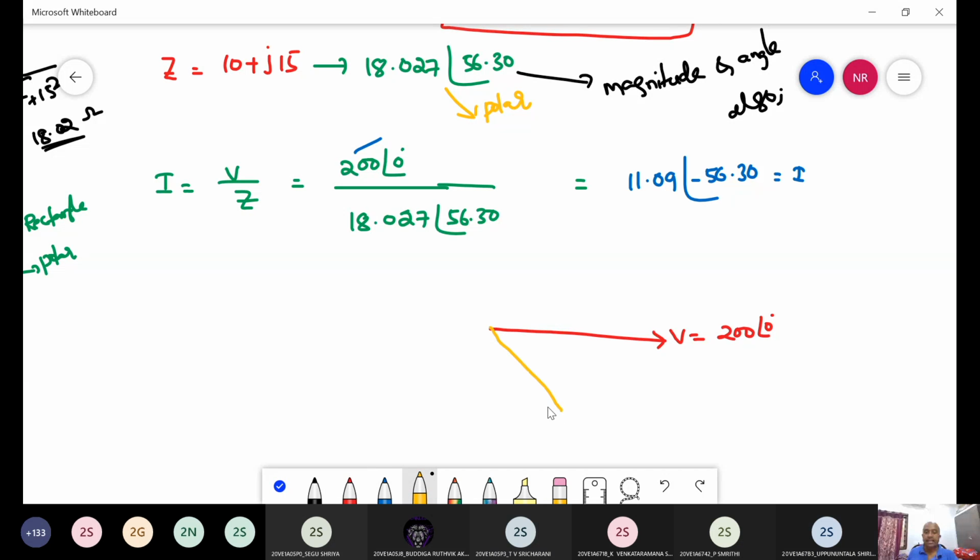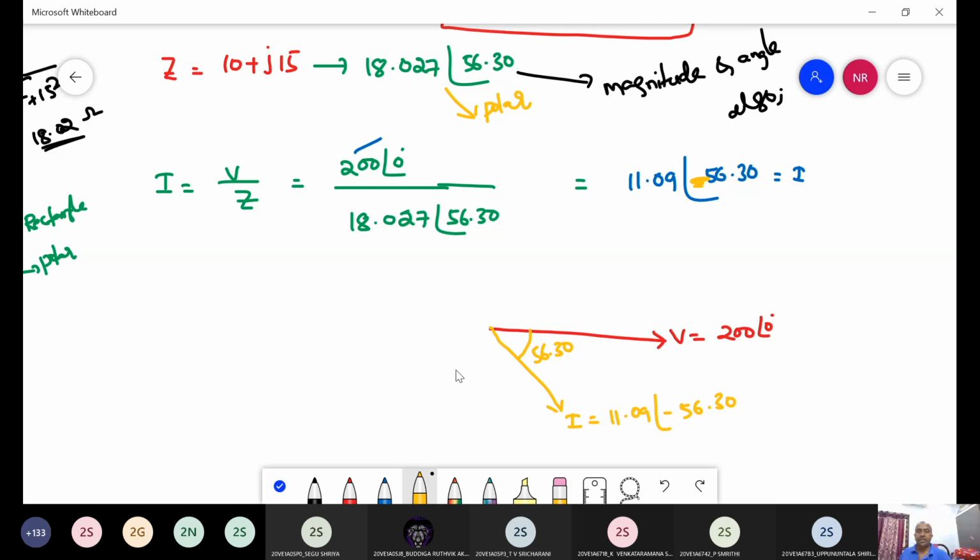So here it is the current I, 11.09 angle of minus 56.30. When I put that angle here, I don't put the minus. That minus sign indicates lagging, but the angle is not drawn as minus. You got my point?